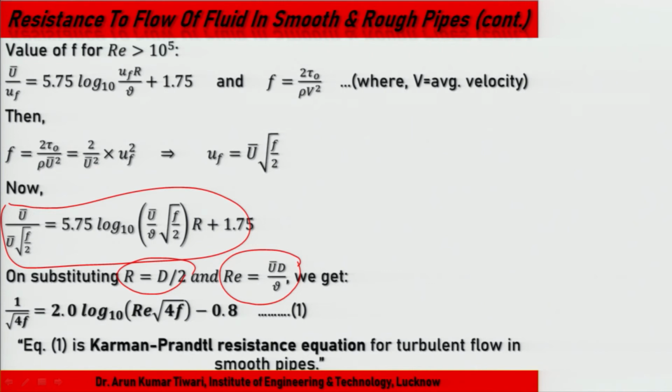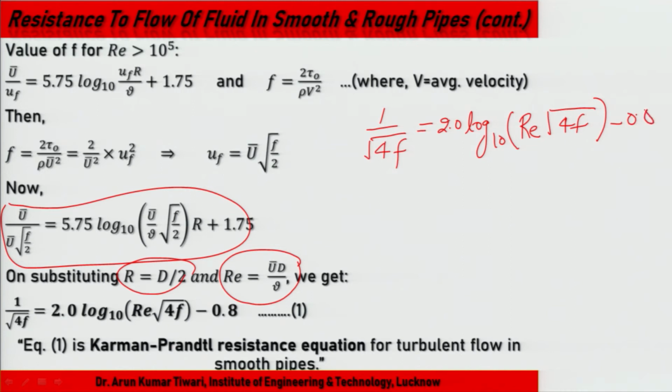If you solve this equation and simplify all of it, 1 upon root 4f equals 2 log 10 of Re root 4f, minus 0.8.